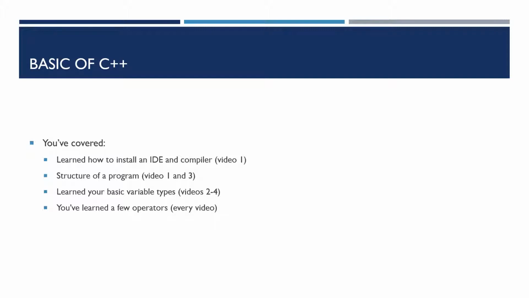The modulus operator. You've learned plus and minus in terms of declarations. You've seen me use that as well with the example of room width and length. So you've learned a fair amount of the basics you need to know. And this gets us now into control structures and the flow of the program.